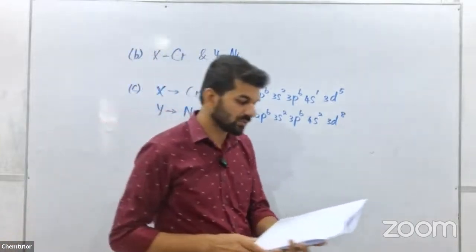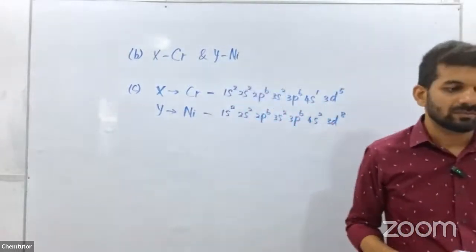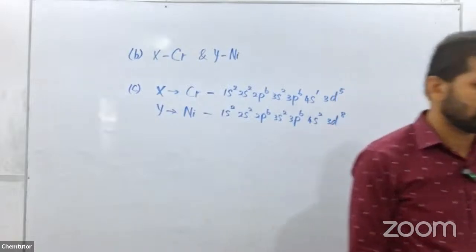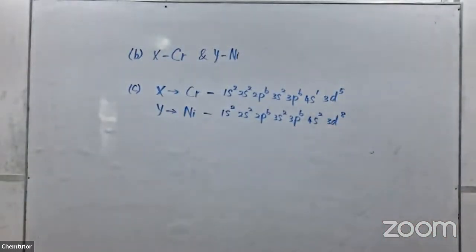Page number 2, question number 2 is there. Explain the reactivity of group 1 elements with water. Now we have to explain the reactivity of group 1 elements with water.